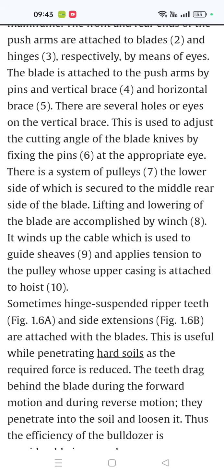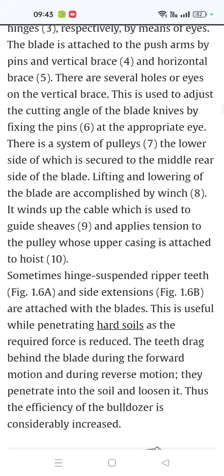There is a system of pulleys 7, the lower side of which is secured to the middle rear side of the blade.